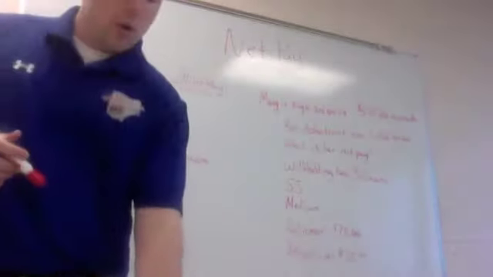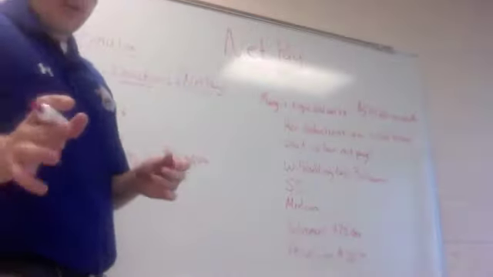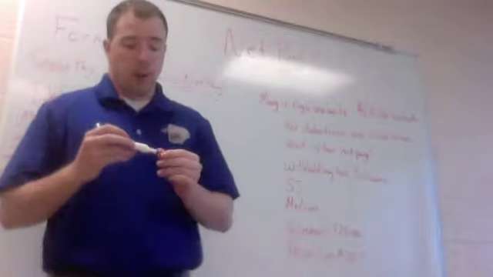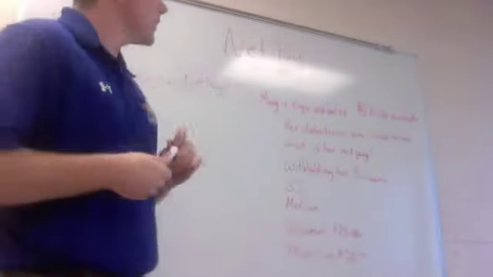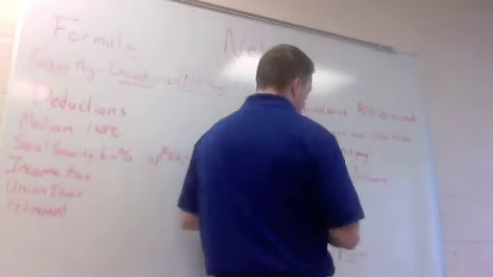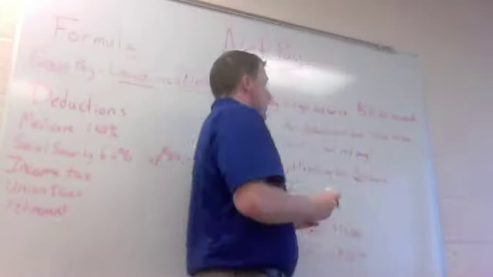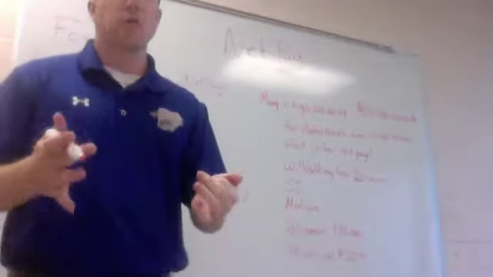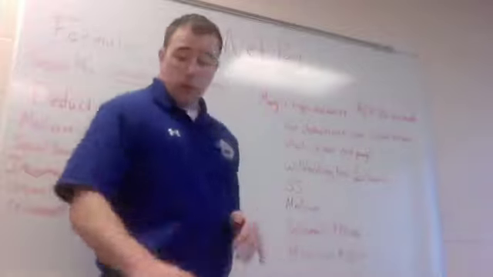So, we have to first figure out withholding tax. In your book, it gives you a nice little chart. When calculating withholding tax, I have to know how many allowances I have, and she has 3 allowances. You also have to know her marital status. Is she married or single? If she's married, you look under the married tax bracket.